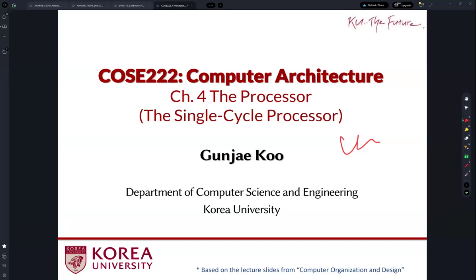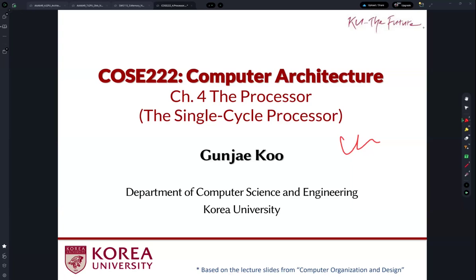But you need to understand how instructions are decoded and executed, which means how instructions generate the result in the processor.